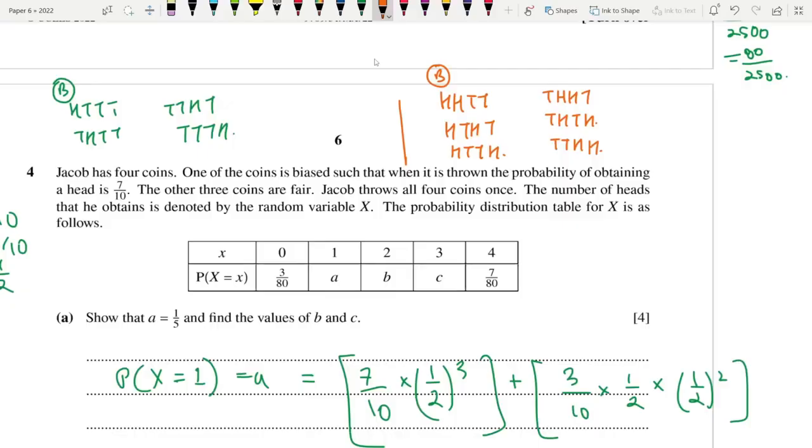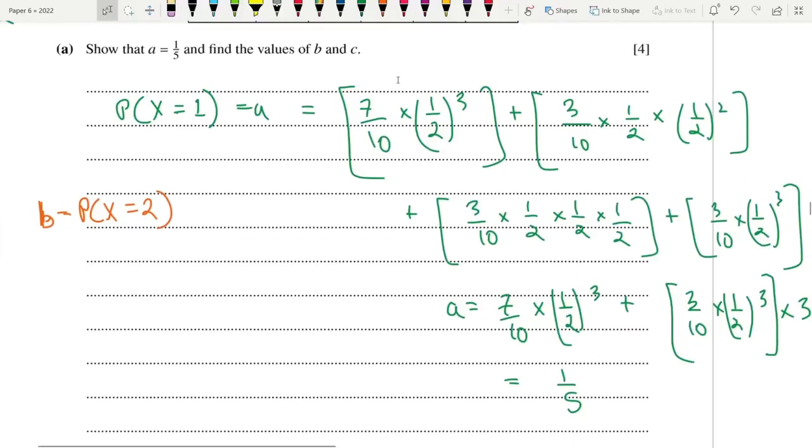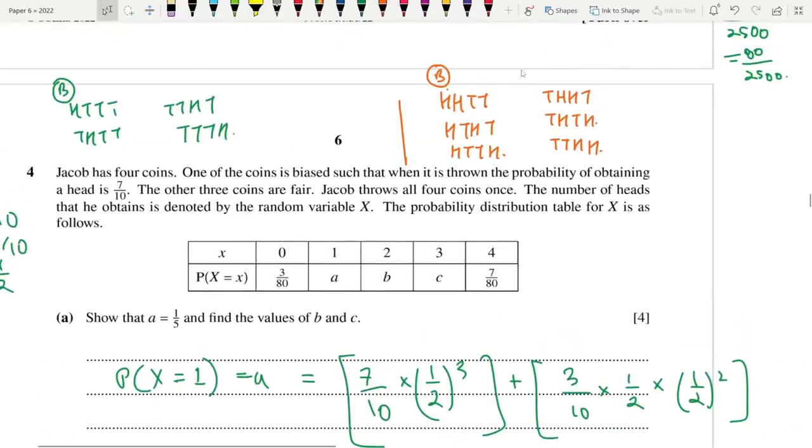You guys understand? These are the 6 possibilities where I keep the first one head and alternate heads for the 3 coins, or if I keep the first one tail and then alternate tails for the other 3 coins, okay? So suppose for the biased coin, if it's heads, that's 7 by 10, right? And basically the others are half, half, half.